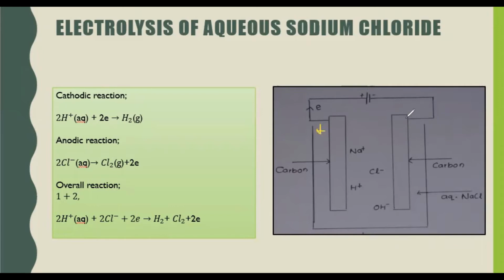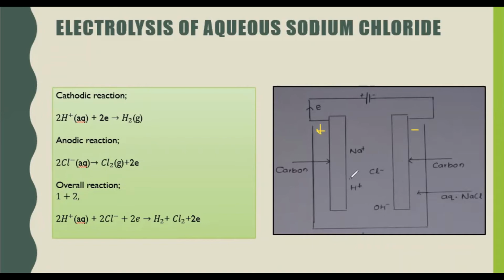And this electrode is connected to the negative terminal of the circuit. So this will become the negative electrode. Now we know that positive will get attracted to negative and negative will get attracted to positive. So now here there are 2 negative ions and 2 positive ions.